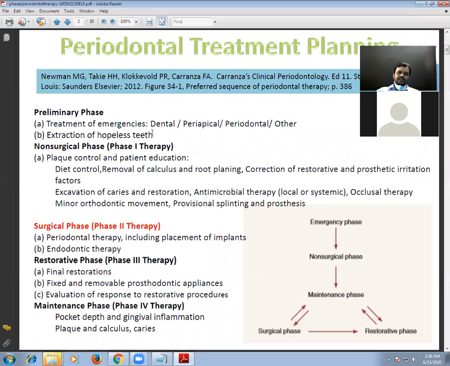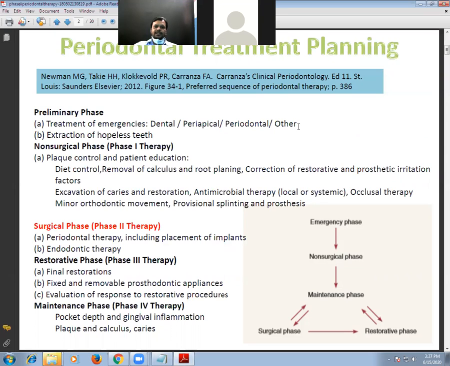The second phase is phase 1 therapy, that is the non-surgical phase. So in this phase, usually non-surgical periodontal treatments are performed. For example, in this we perform scaling, root cleaning, various plaque control measures, patient education, and correction of any restorative and prosthetic irritation.